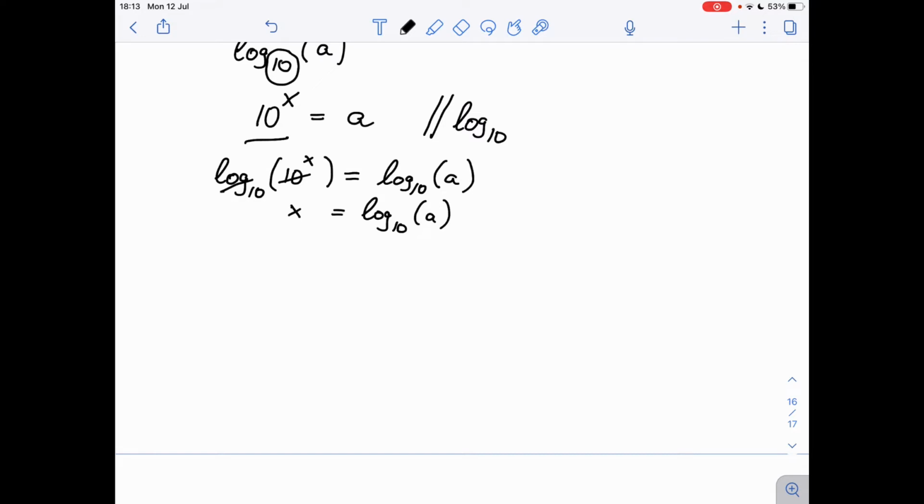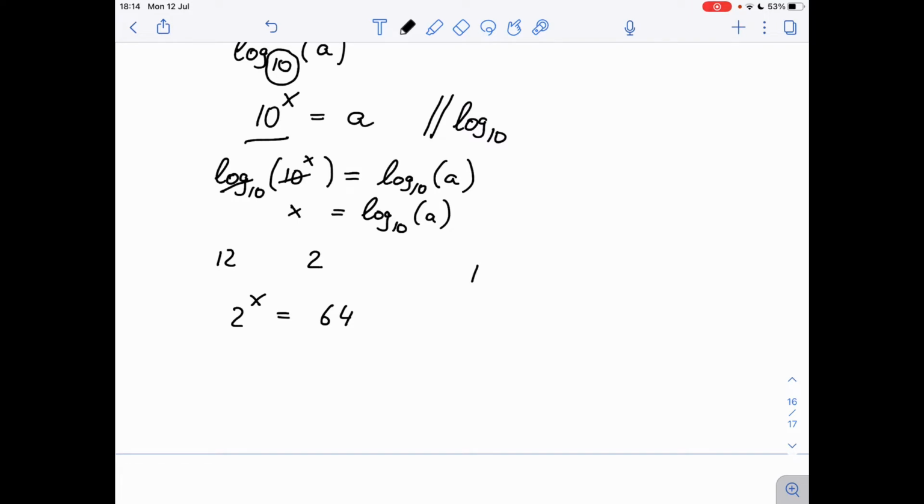We can use any other base, so we could use 12. Sometimes when you are a computer person, you are familiar with the base 2. So we would, for example, have 2 to the power of x equals, let's say, 64. And this is exactly similar to what we had before with the 10.